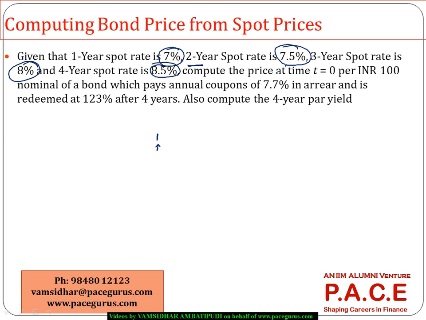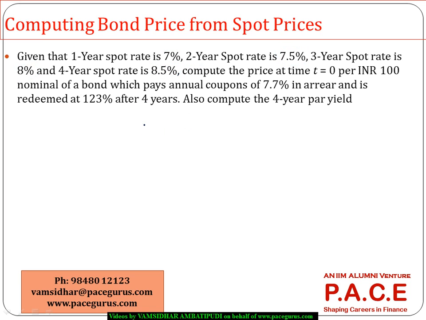When I say the 2 year spot rate is 7.5, when I invest something today and I get everything at the end of 2 years, which is like a zero coupon bond, what is the effective annual rate of return during this 2 year period? That is what we are calling the spot rate, especially with respect to government securities which are not exposed to any kind of risk.